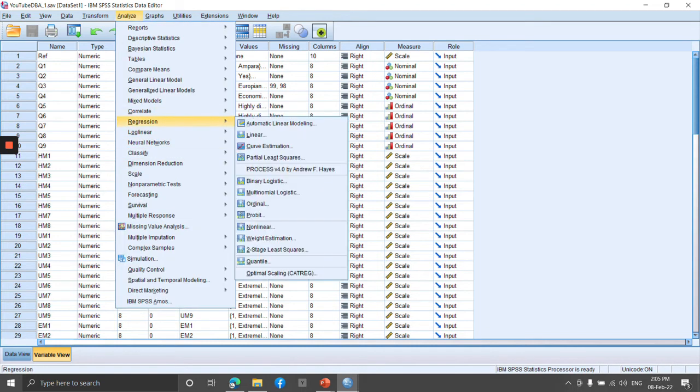Okay, go to the equation. Not linear. Linear means just to check the direct effects. To test the mediating and the moderating effects, you should go to the Professor Andrew Hayes process macro method, that is here, right? In your computer, maybe just above or below, don't worry about that. Anyway, you have to go for this one.